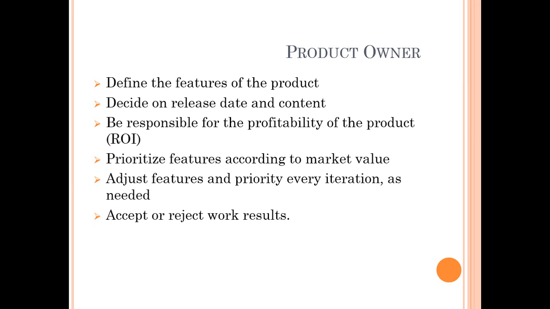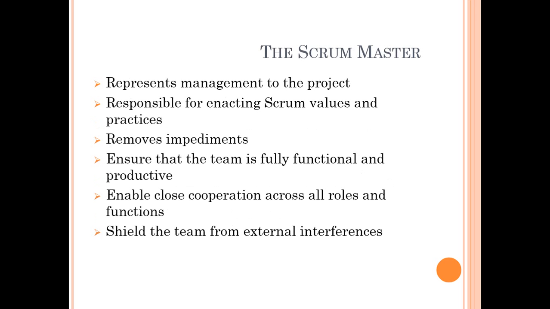And at the end, in the sprint review, product owner has authority to reject or accept the delivered work or the shippable increment. As we said, Scrum Master is a servant leader who helps the team to develop product increment smoothly without any hiccups.